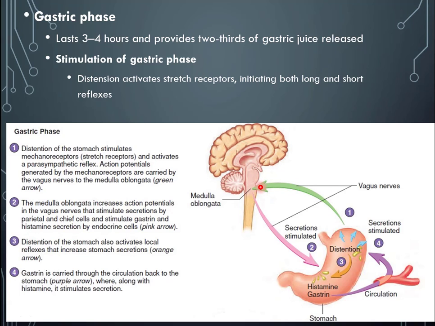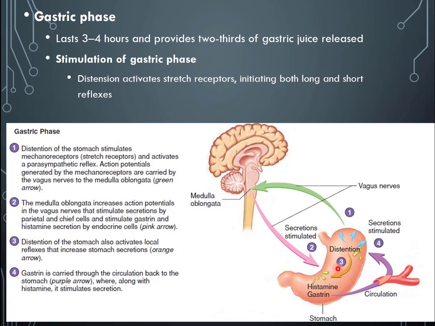The medulla oblongata increases action potentials in the vagus nerve and stimulates secretion by the parietal cells and the chief cells. It will also stimulate the release of gastrin and histamine by the enteroendocrine cells, like this one here.